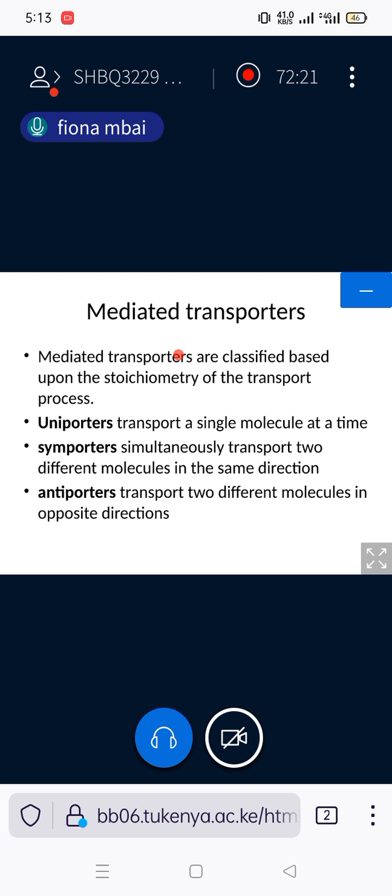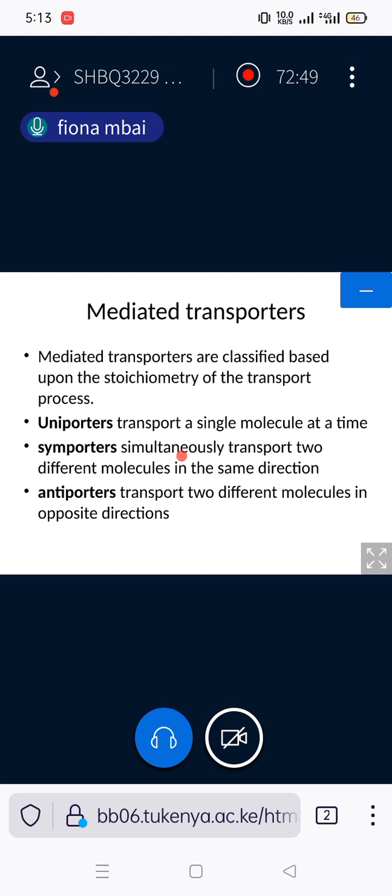So mediated transporters are classified based on the stoichiometry, and you know stoichiometry is shape and structure of the transport process. So there are three kinds of mediated transporters known as uniporters, symporters, and antiporters. Uniporters, see the name uni.